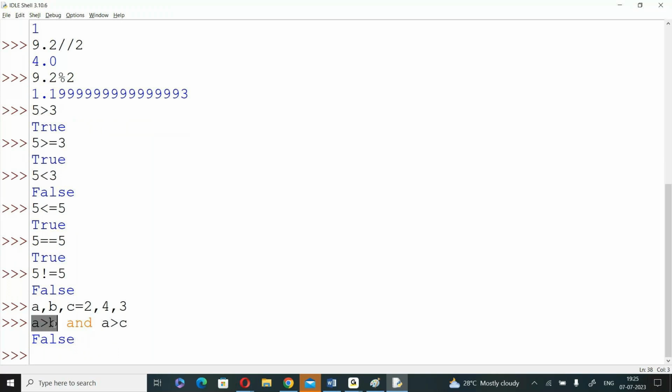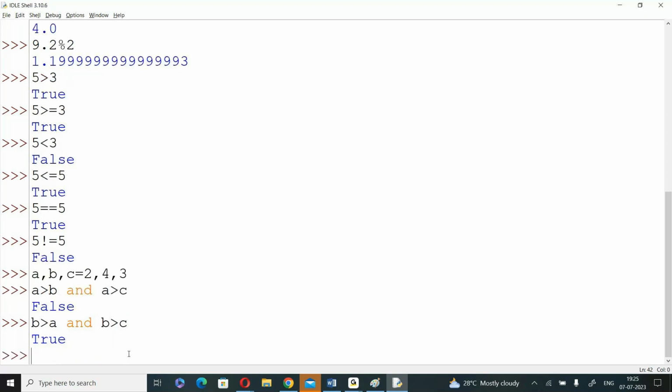The condition is false. If at least one is false, there is no need to evaluate further; the answer is false. Suppose b greater than a and b greater than c. Check this one. B is greater than a, yes, 4 is greater than 2, and 4 is greater than c. The answer is true.